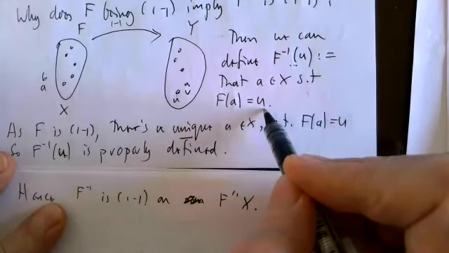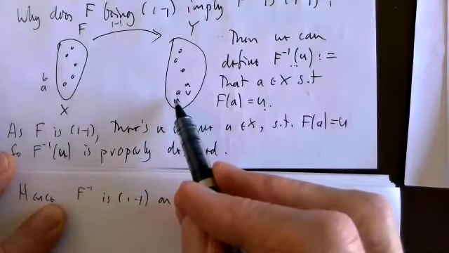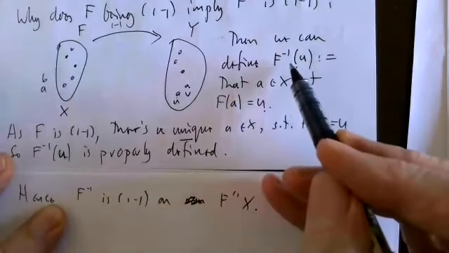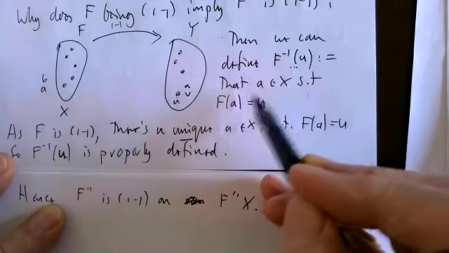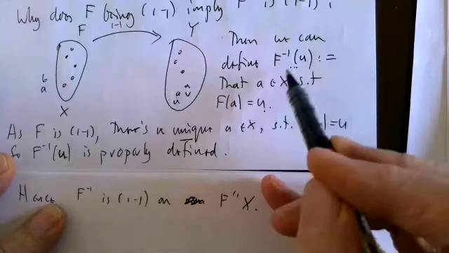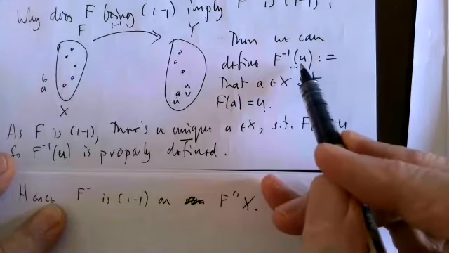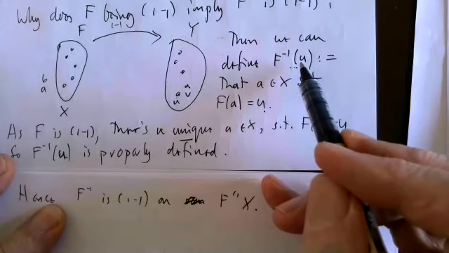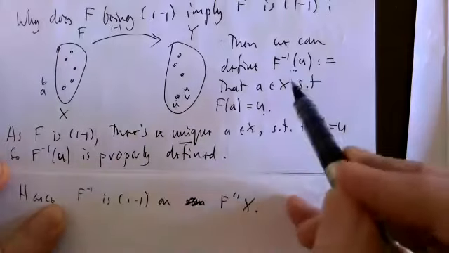It's not ambiguous. It's not that there are two things, a and b, that get sent to u, and therefore my definition is bad, because there could be two candidates. I want f to the minus 1 to be a function, so there should only be one thing that u gets sent to. So being well defined in this context just means I've got a good definition.